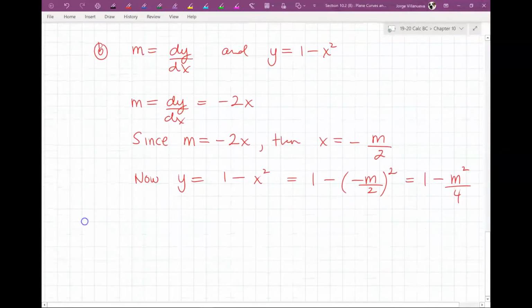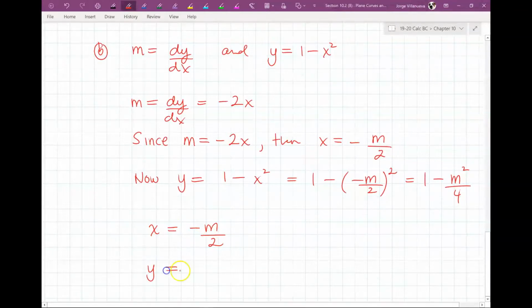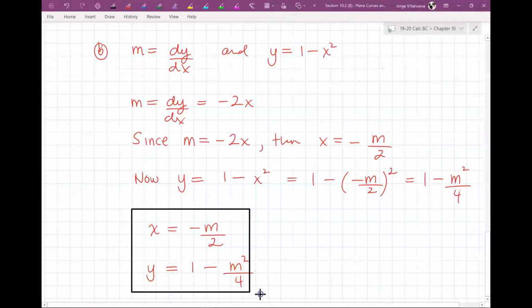So let's write down my two equations. I could say x is equal to negative m over 2, and y is equal to 1 minus m squared over 4. And those are my two functions to create the set for my parametric equation.